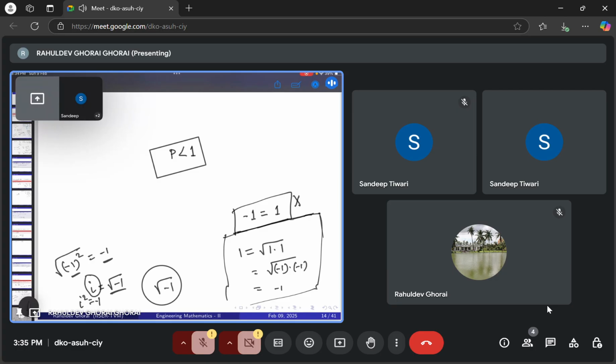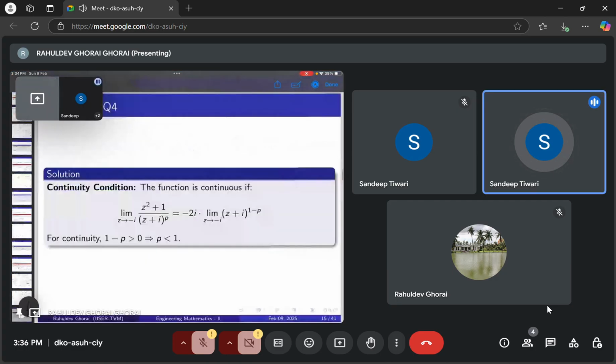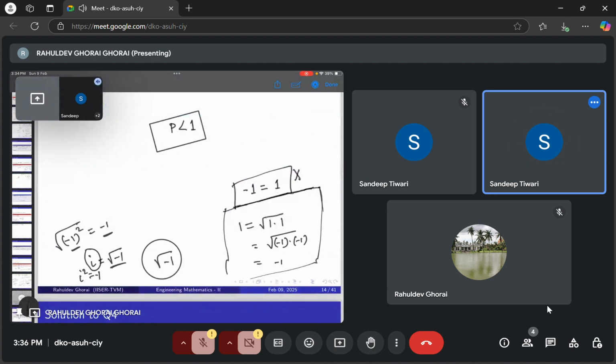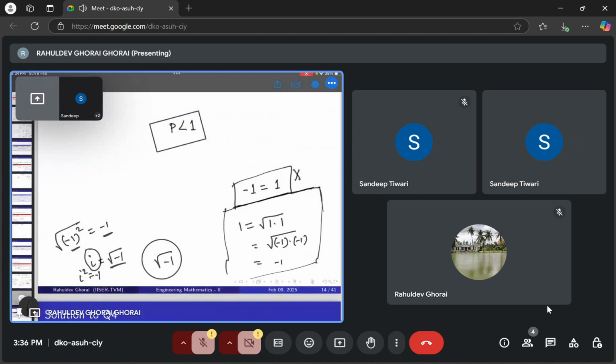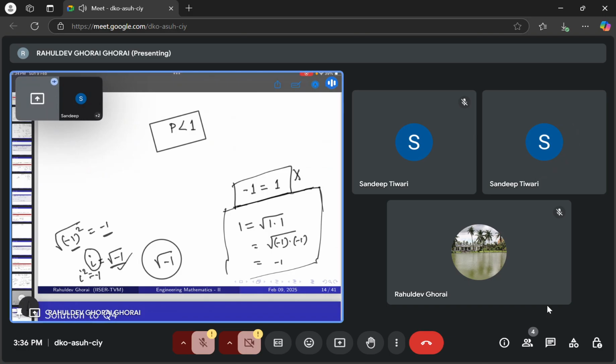I'm not telling it cannot be written as i; i is a notation for the square root of minus 1.